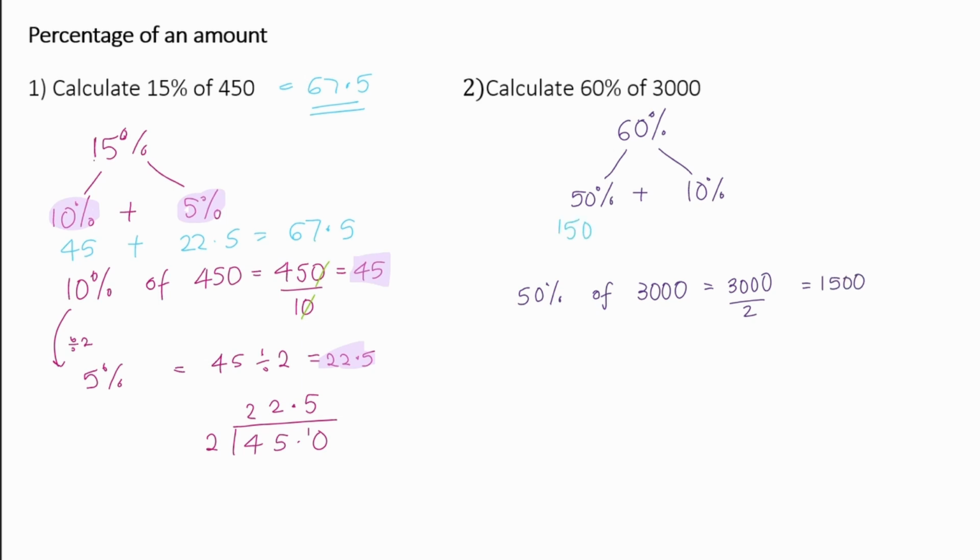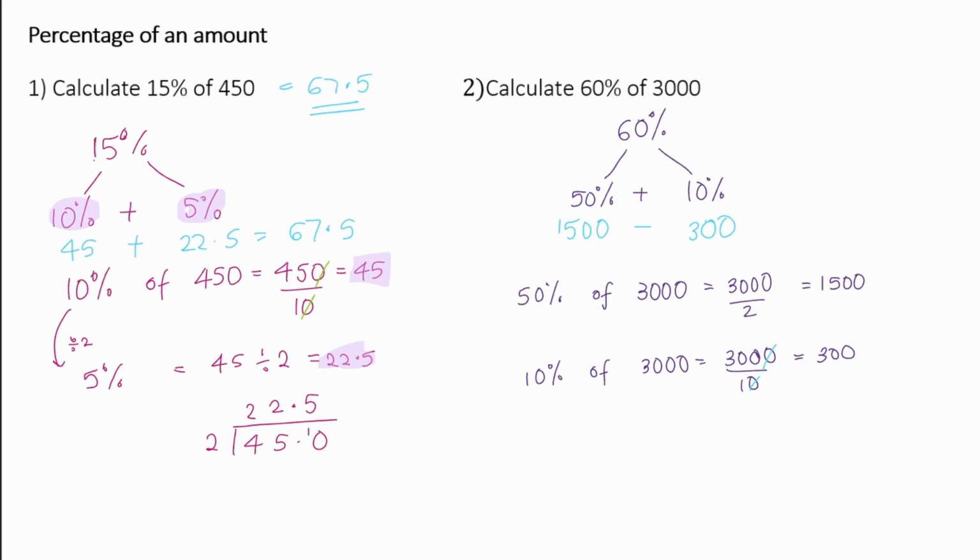So 50% is 1,500. In order to find 10%, 10% means we're just dividing by 10. So 10% of 3,000 would be 3,000 divided by 10. We can cancel the zeros out, and that gives us 300. So 10% of 3,000 is 300.